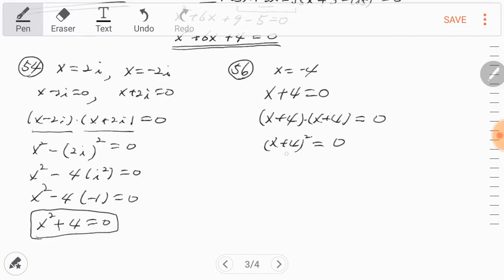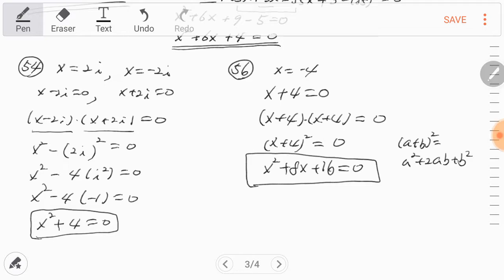Then this is a perfect square, so use the formula. Remember this? a plus b squared is equal to what? a squared plus 2ab plus b squared. So x squared plus 2 times 4 is 8x plus b squared, 4 squared is 16, is equal to 0.